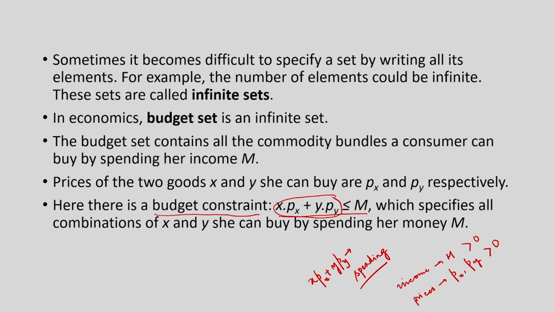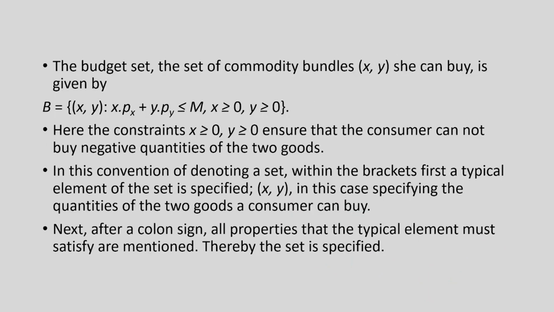But I have not so far defined what is the budget set. I am coming to that. The budget set, the set of commodity bundles x and y she can buy, is given by this. So, this is the set, okay, because we are talking about sets here.